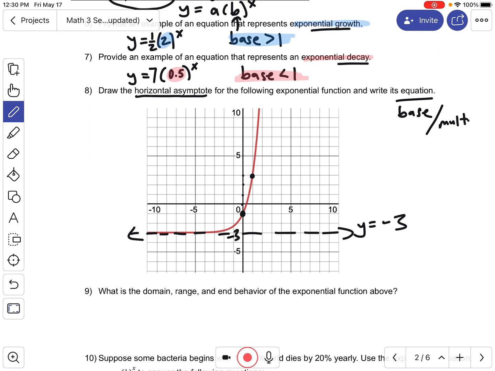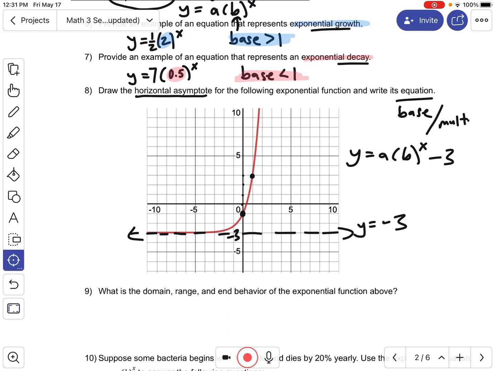That's important when it comes to the equation of an exponential function, because we have to fill in this right here. But of course, when you have this, the asymptote's always at 0, and notice that now the asymptote's at -3, so it's been shifted down 3.